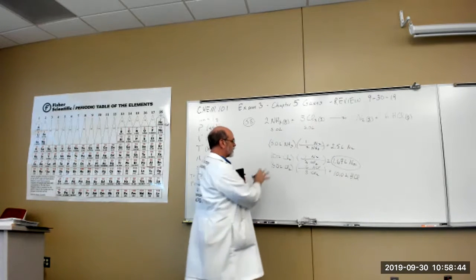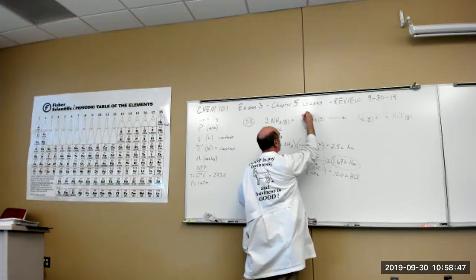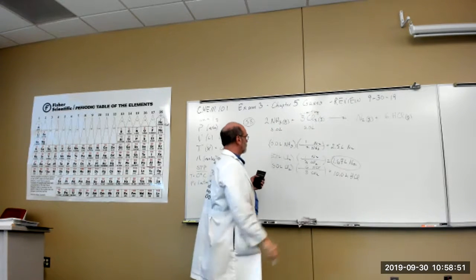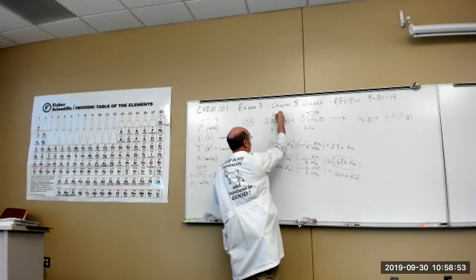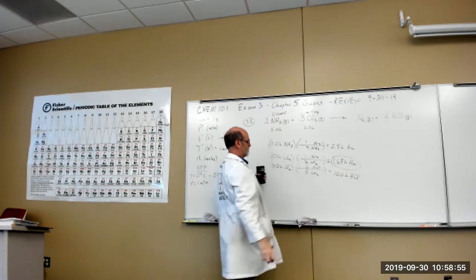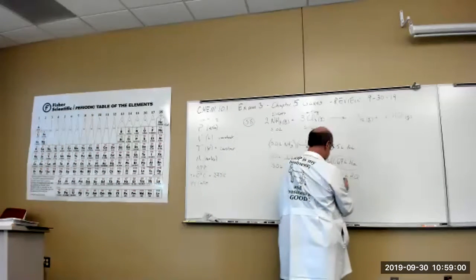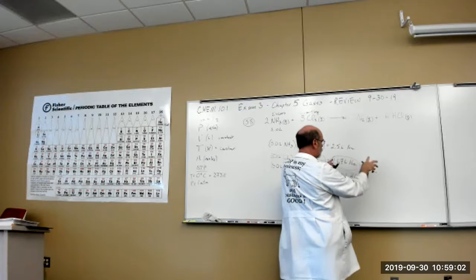Okay, so based on the limiting reactant, there we go, and that would make this excess. So now we've got this many liters of nitrogen and this many liters of hydrogen chloride produced.